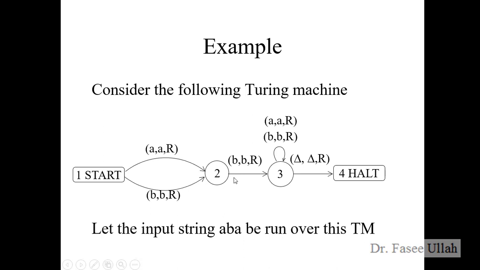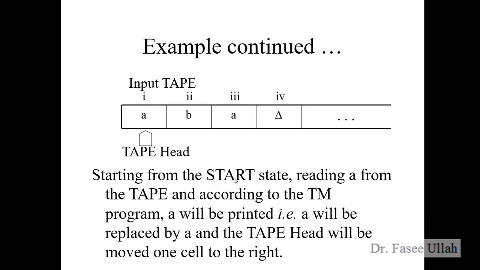How can we represent this in the transition table, which is actually the input tape? This is ABA, and these are cells 1, 2, 3, and then we have stop, to protect the system from crashing or violation.